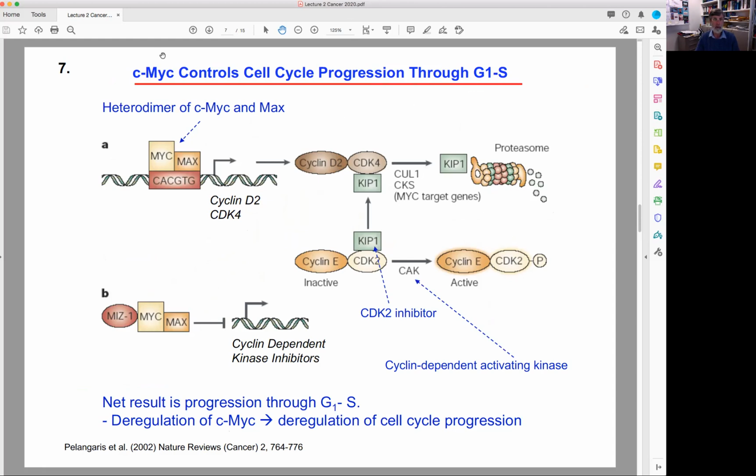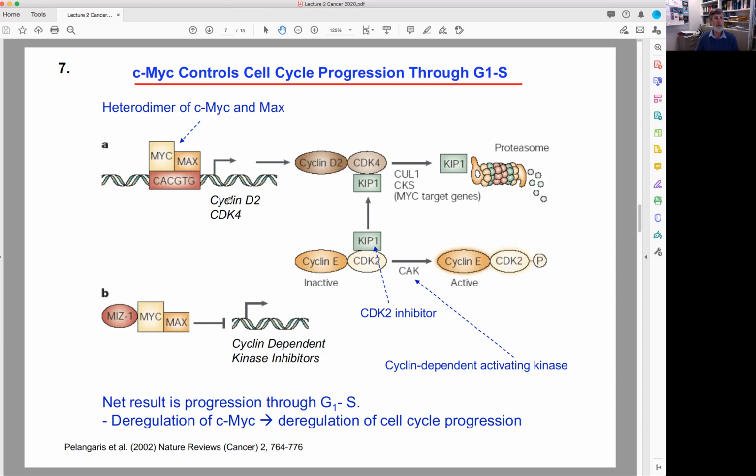So let's see what exactly MYC is doing. c-MYC again acts as a transcription factor along with another transcription factor known as MAX. So you get this heterodimer formed between MYC and MAX, which binds to a conserved region in the promoter of the cyclin D2 and CDK4, that cyclin-dependent kinase 4 genes.